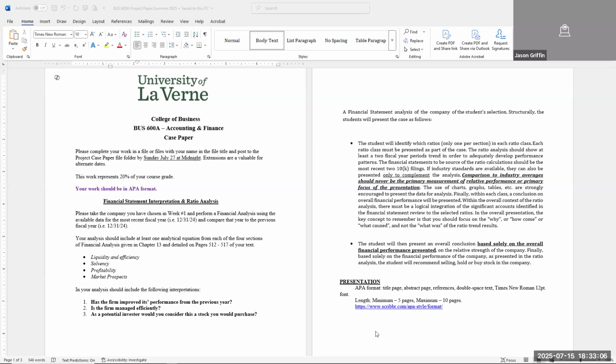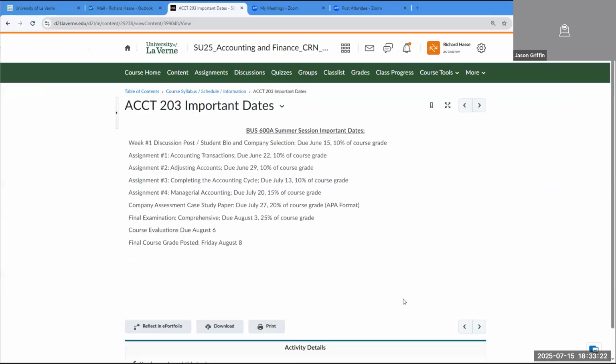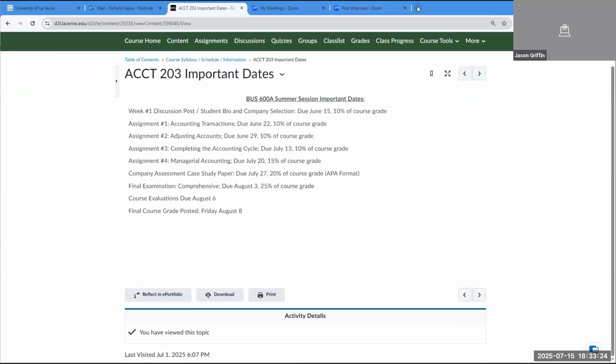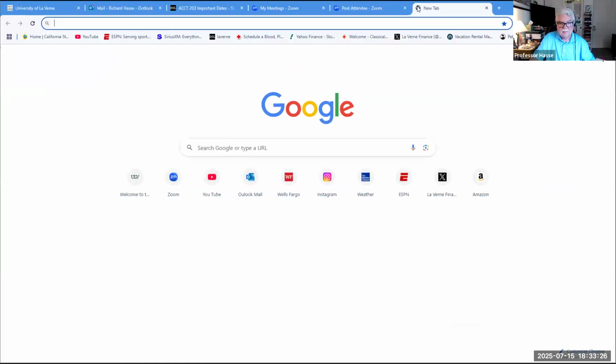But here is where you would go for that, okay? So follow me on this. Hang on, let me just bring this stuff up. Okay. Here's my blank browser. Alexandria, do you see it on your screen? It says Google. Yeah, I see it.